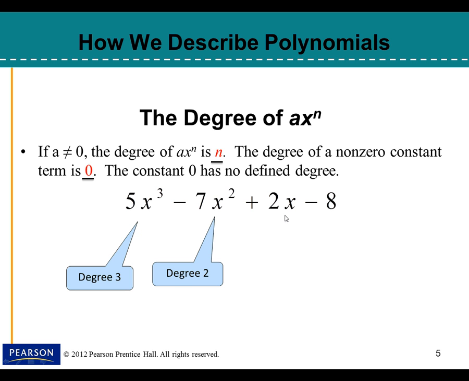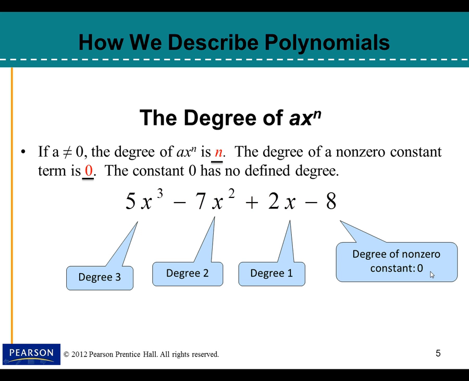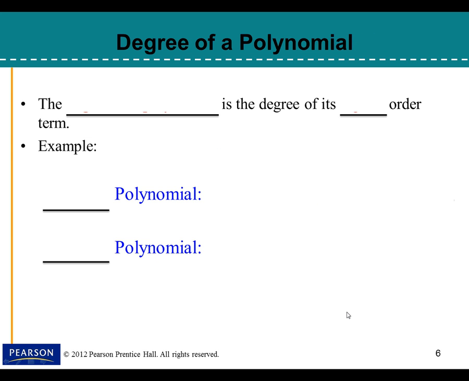This one has a degree of 1. And think about this one doesn't have a variable, so no variable means it's going to be a degree of 0. Okay, so if we look at this, the other thing you got to think of, that's each term. So when you talk about each term, then the degree of the polynomial that has many terms is the degree of its highest ordered term.